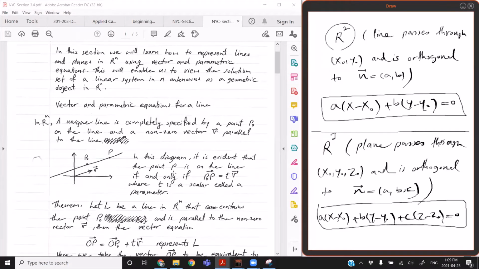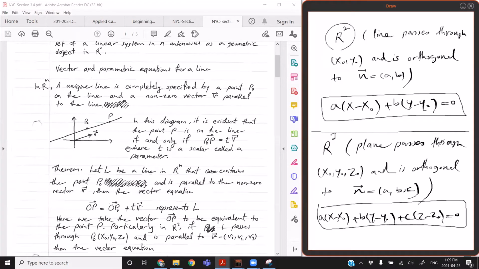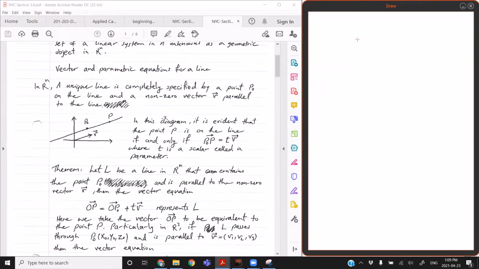Okay, so vector and parametric equations for a line. In Rn, a unique line is completely specified by a point P0 on the line and a non-zero vector V parallel to the line. So let me make this clear. Imagine I give you this point, and I call that P0.